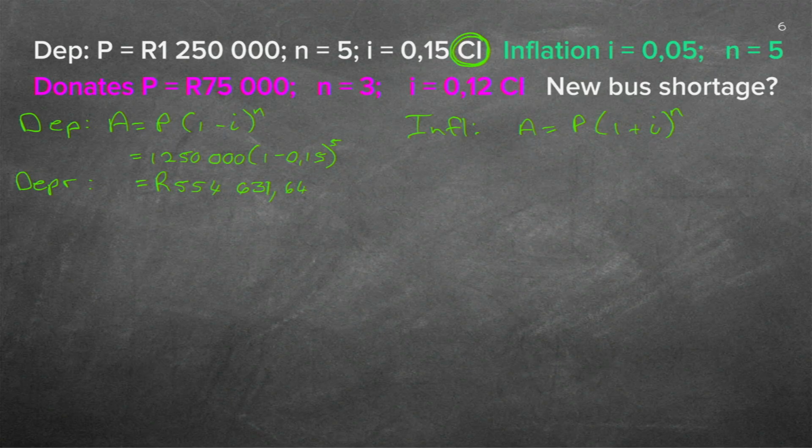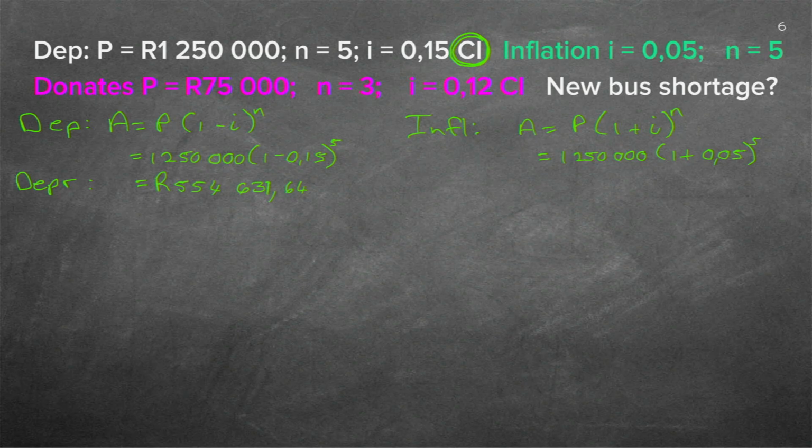So I'm going to start filling in. It's the same vehicle, 1.250, 1.2 million, 1 plus my inflation rate is 0.05, to the power of 5. Be very, very careful again. 5% is not 0.5. It's 0.05.